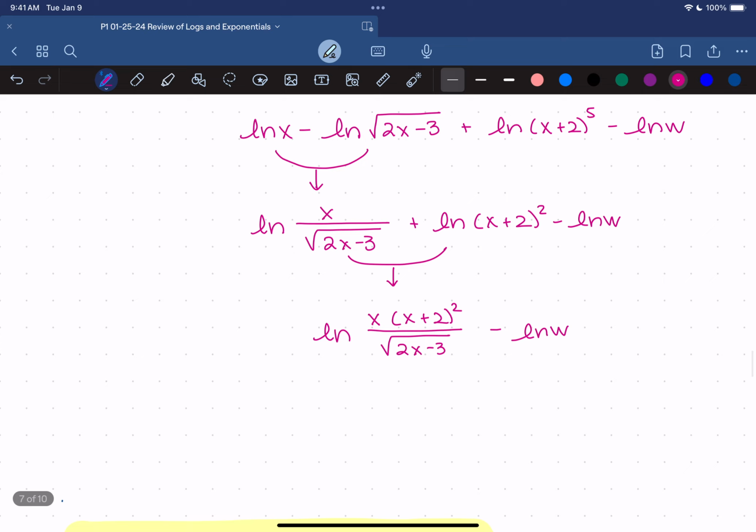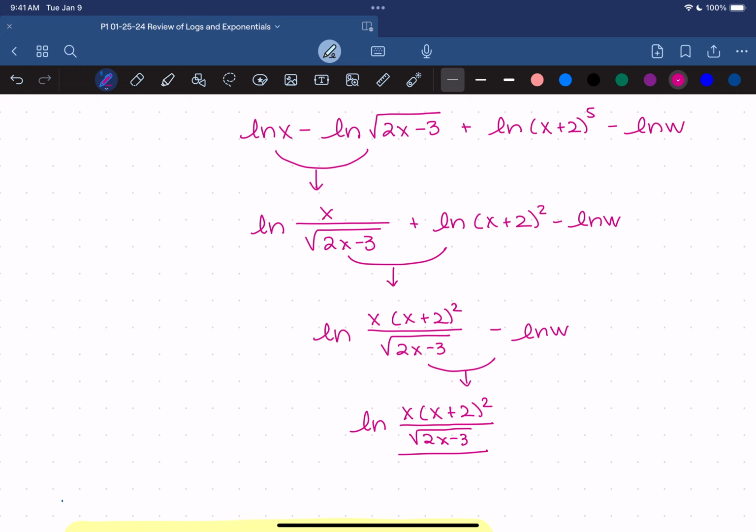When I take these last two, I'm going to divide by w, so I get natural log of x plus 2 squared over the square root of 2x minus 3.